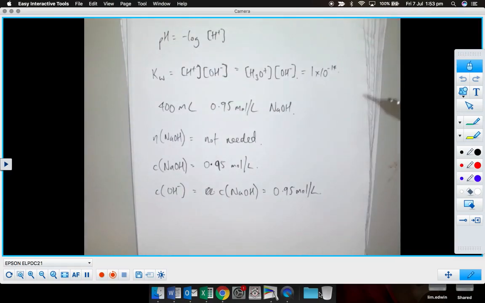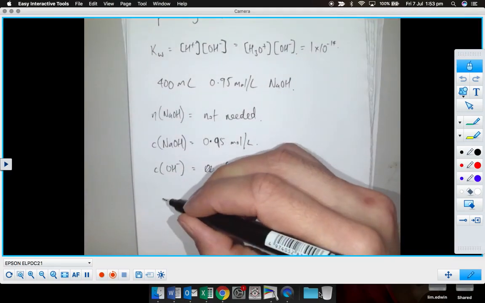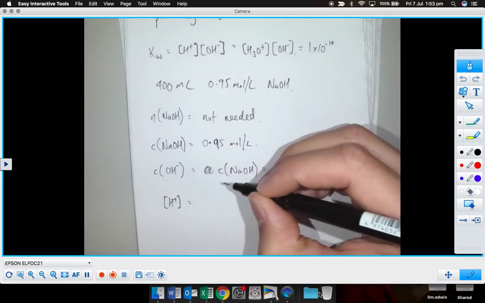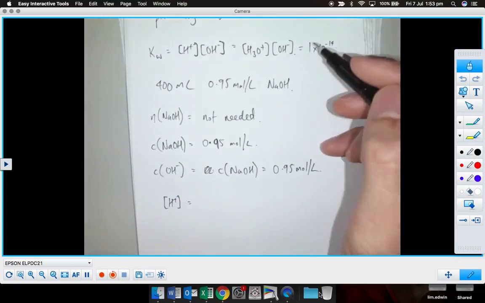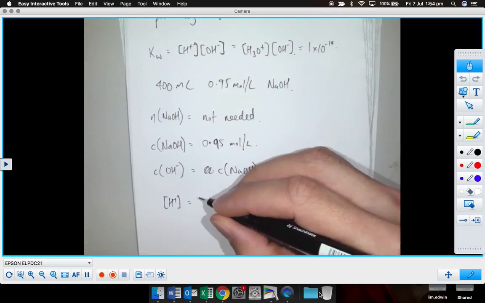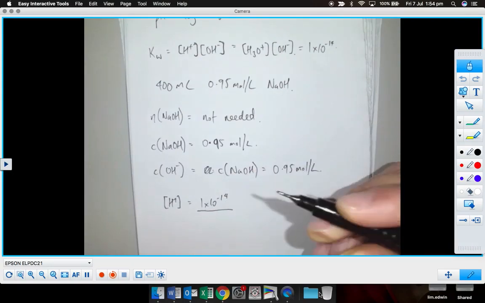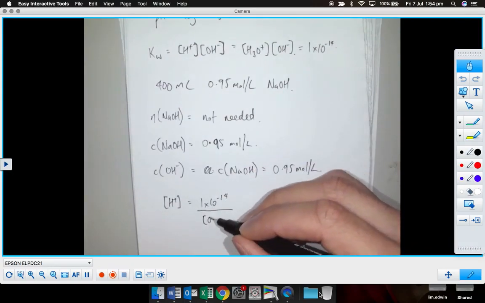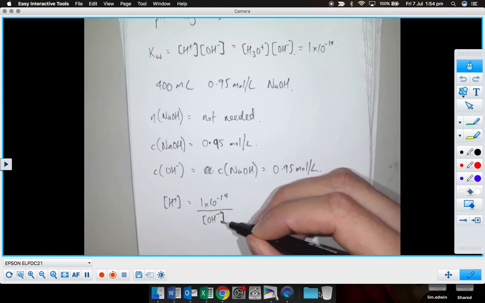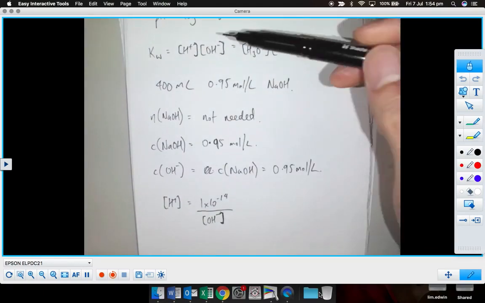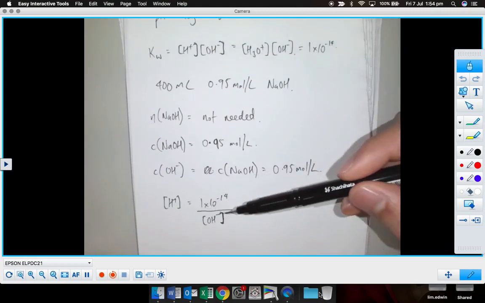Okay, so the Kw equation, we want to work out the concentration of H plus using this equation and this value here. We know it's going to be 1 times 10 to the negative 14 over the concentration of OH minus. This is you being able to do algebra, going from this line to this line here.